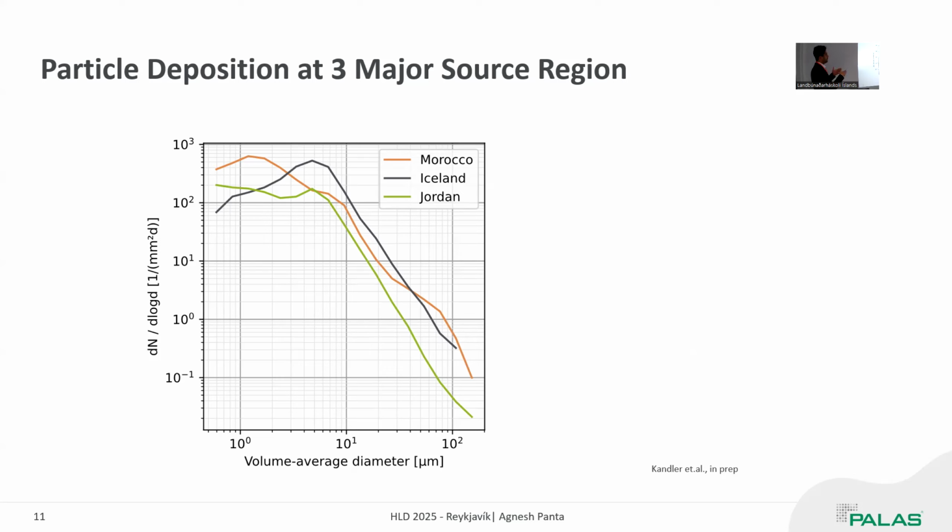And here also you can clearly see that with the black one, the Icelandic dust has a lot more coarser particles in it compared to mid-latitude dust like Morocco and Jordan. And also, if you look in the submicron range, we have this decrease of number concentrations, which is also what we see with online measurements, meaning optical particle counter measurements. So this kind of corroborates with that.